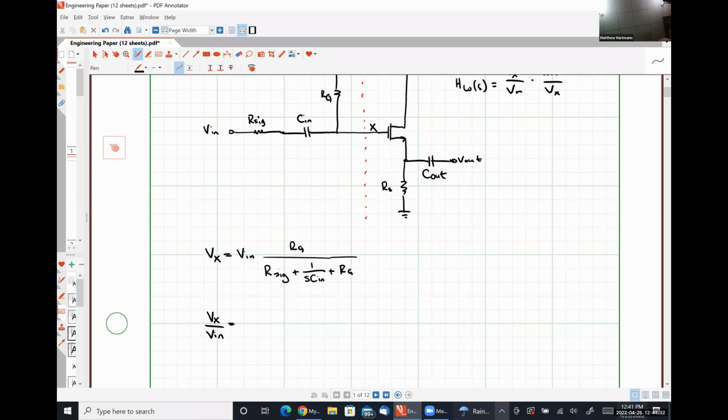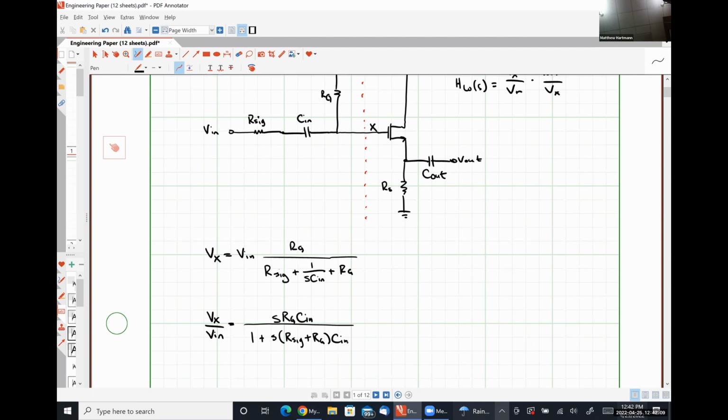And so that's going to give me S RG Cn in my numerator and 1 plus S (R sig plus RG) Cn in my denominator. And we now have enough information to actually locate a zero and pole already, right?